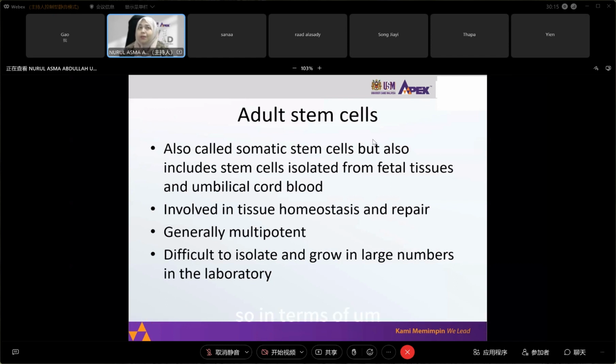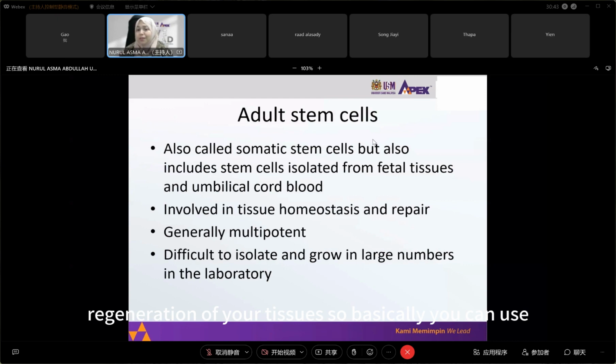When you store this umbilical cord blood, you can isolate the stem cells, which is beneficial for you in the future in case you encounter certain diseases, for example leukemia or other diseases that need regeneration of your tissues.